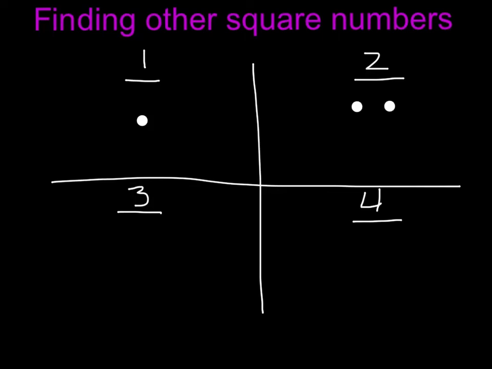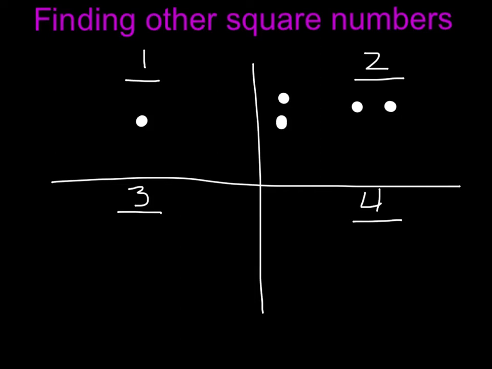The number 2 cannot be represented with a square array. No matter how you look at it, it has a different number of rows and a different number of columns. This first way, it has 1 row but 2 columns. The second way, it has 2 rows but 1 column. This is not a square number.